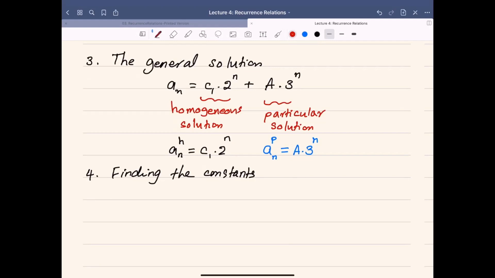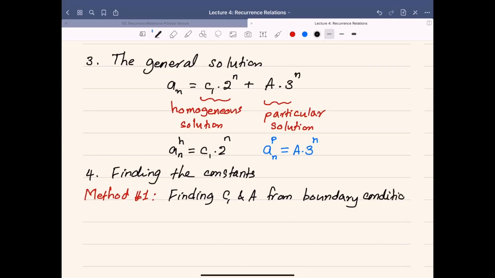So method number 1, finding C1 and A from boundary conditions, and these boundary conditions include the initial value. Now we have two constants, C1 and A, so we need two boundary conditions. One is already the initial value, a_0 is equal to 5, which is given.